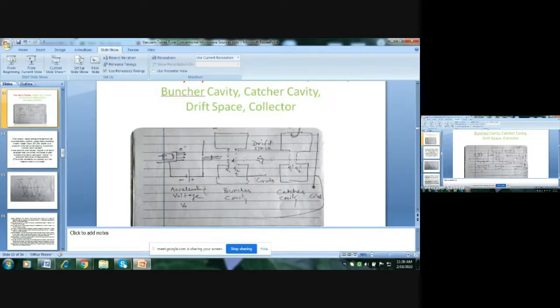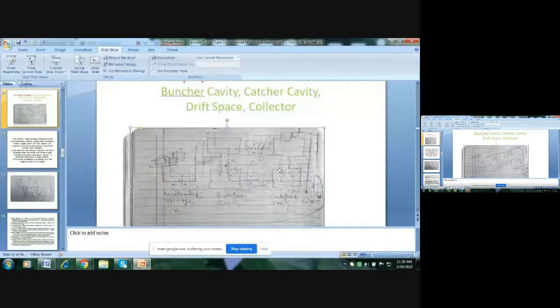When this density modulated beam enters the catcher cavity, we have to adjust the field in such a way that this densely populated beam enters the cavity when the field of the cavity is in retarding mode. This is the center of the densely modulated beam bunch.